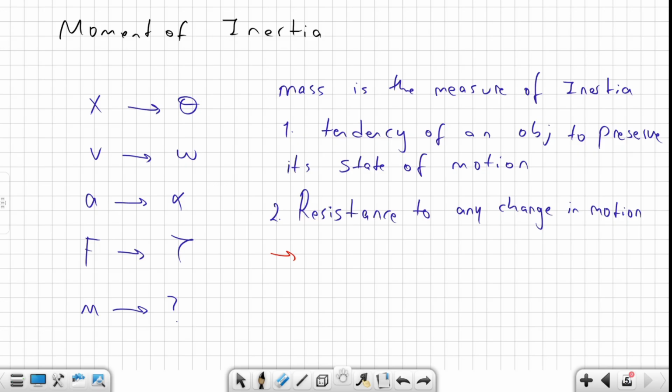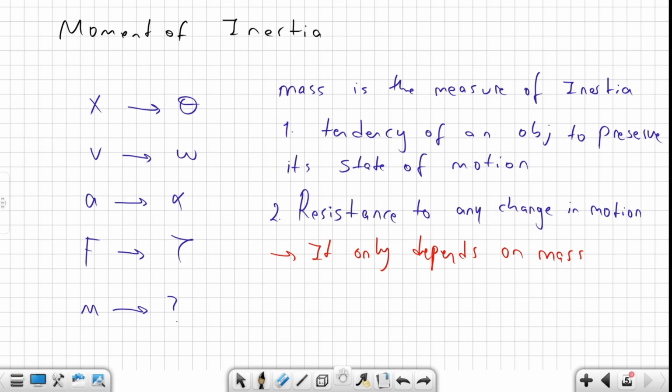What kind of change are we talking about? Like speeding up, slowing down, changing direction. These are all changes that happen, and whenever we have these changes, we will see the resistance. Inertia only and only depends on mass, nothing else. The shape is not important, the radius is not important, the type of the material is not important.